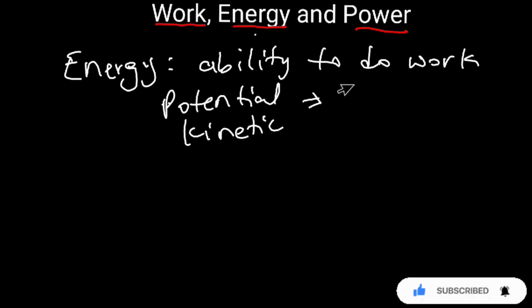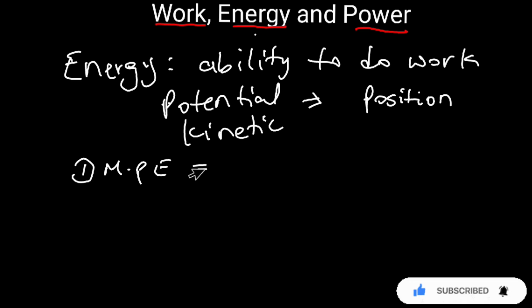Now, potential energy is simply stored energy, or the energy possessed by a body by virtue of its position or state. For example, we have magnetic potential energy, and this is a magnet at rest in its magnetic field. We also have electrical potential energy, and this is an electric charge that is at rest in an electric field.